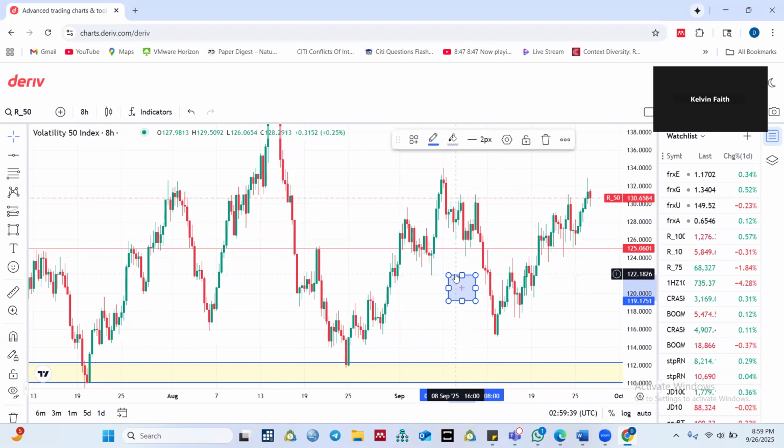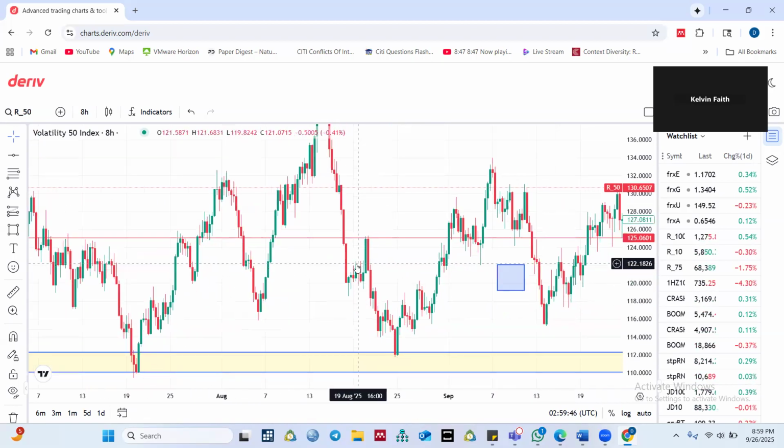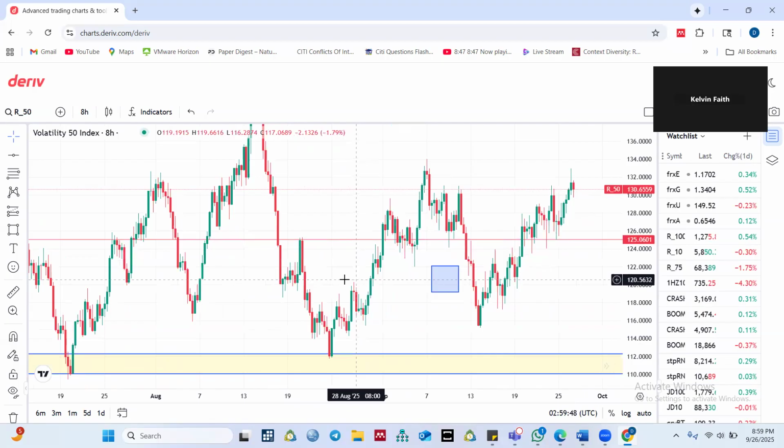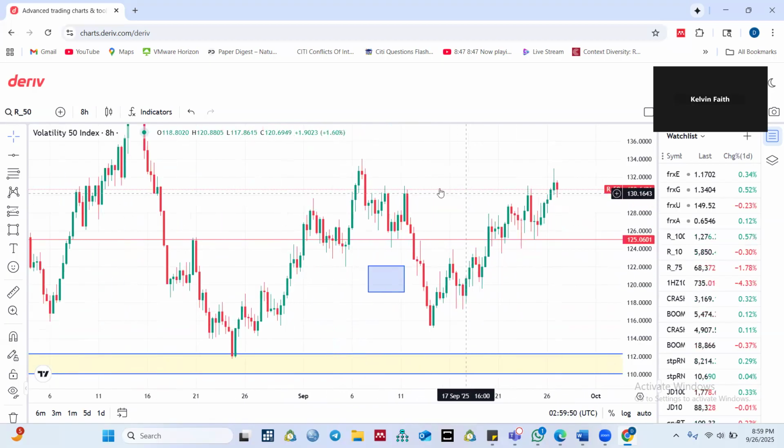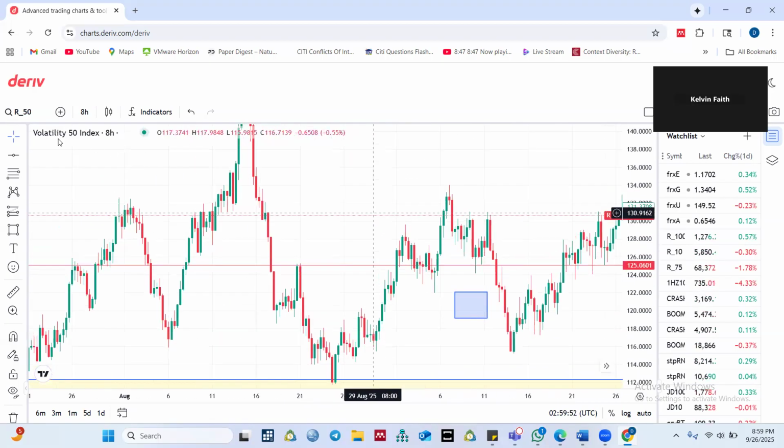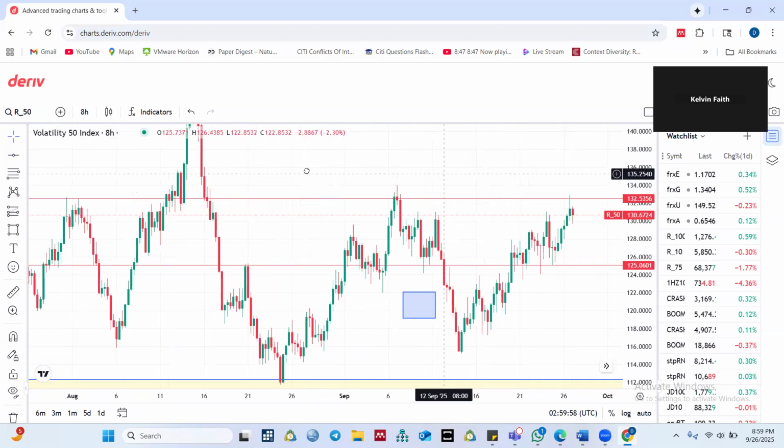So this point can be an important point that I would take note of on the chart as my magic precision support line. Another line of interest is this area.